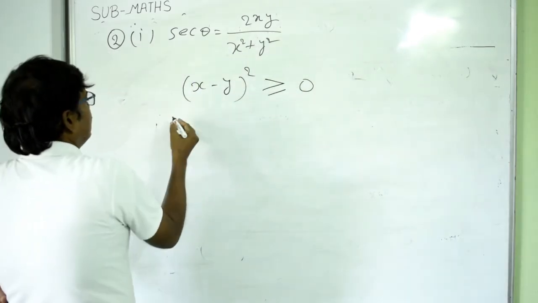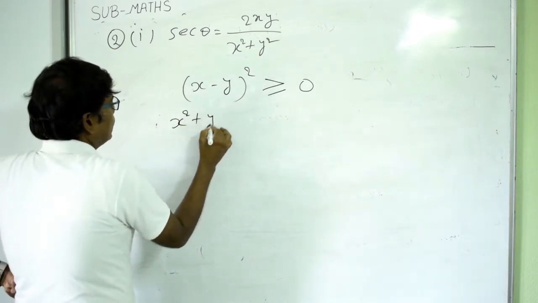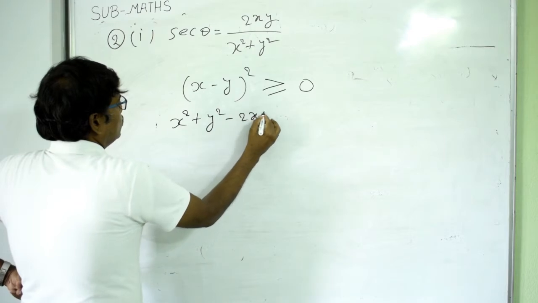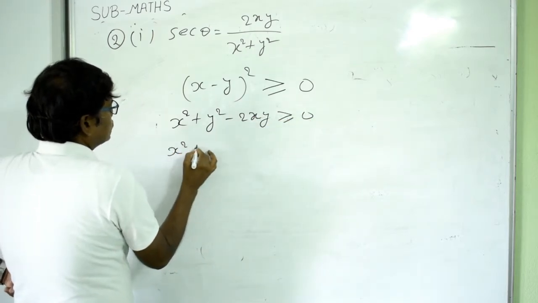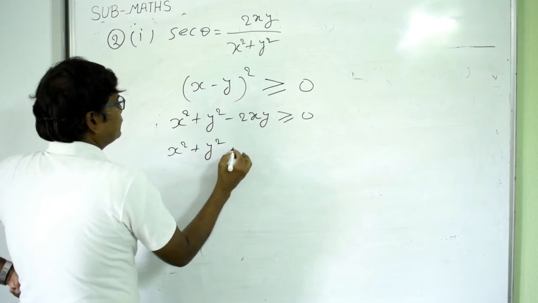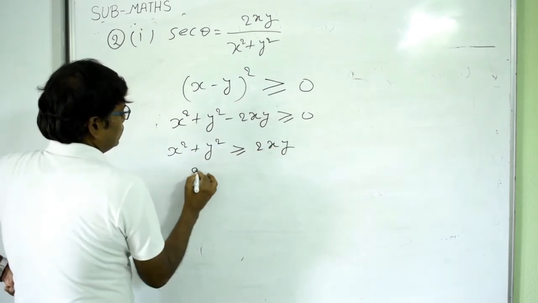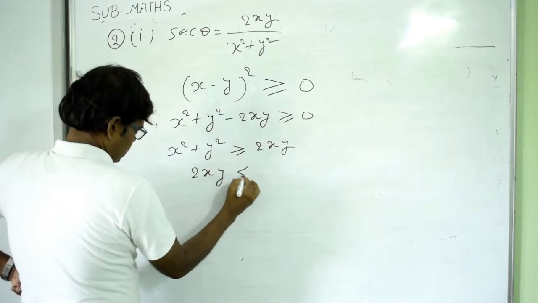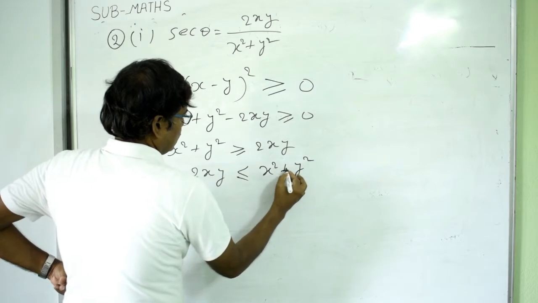Now if you expand this, then you have x square plus y square minus 2xy is greater than or equal to 0. Then you have x square plus y square is greater than or equal to 2xy, or 2xy is less than or equal to x square plus y square.